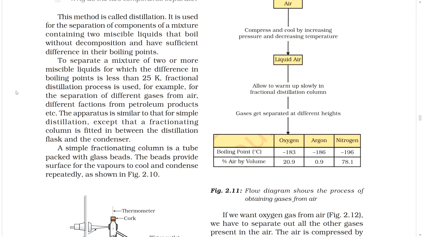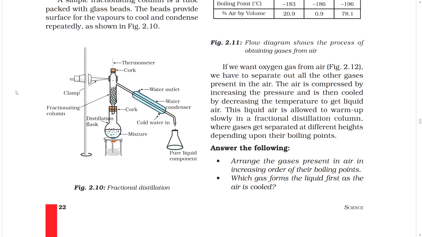Oxygen, argon, nitrogen. Boiling point: minus 183, minus 186, minus 196 degrees Celsius. Percent of air by volume: 20.9, 0.9, 78.1. Flow diagram shows the process of obtaining gases from air. If we want oxygen gas from air, we have to separate out all the other gases present in the air.